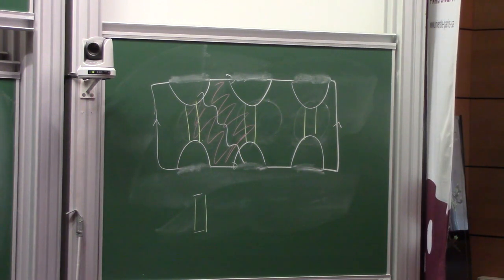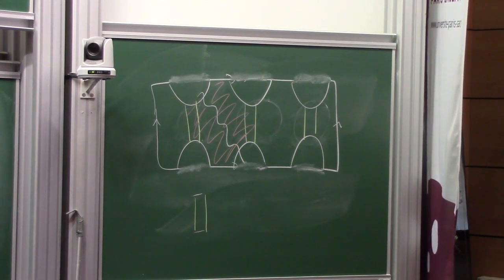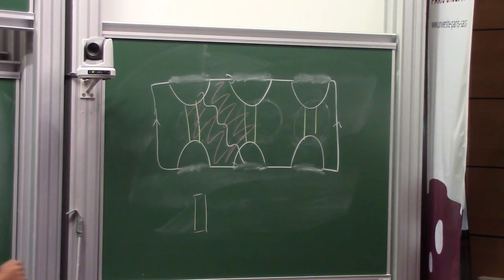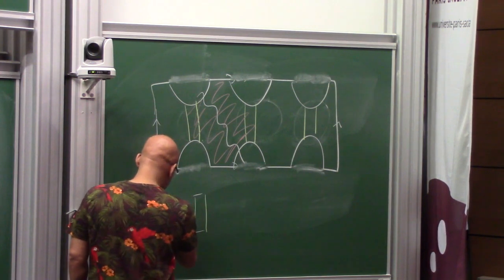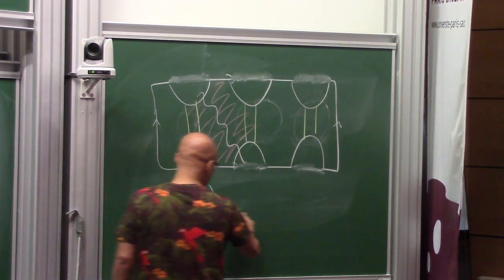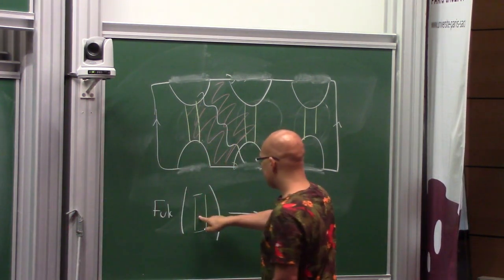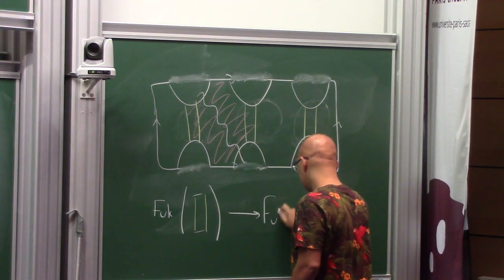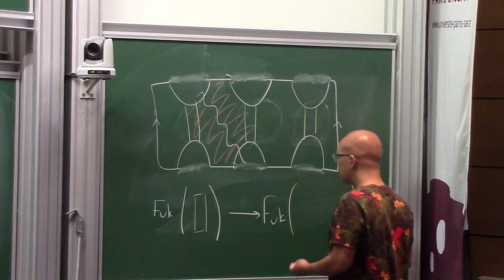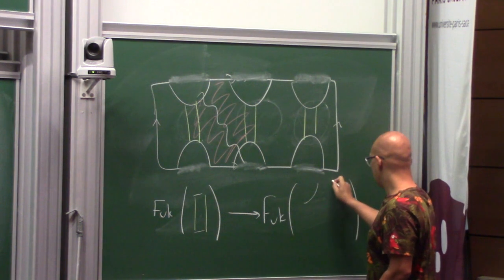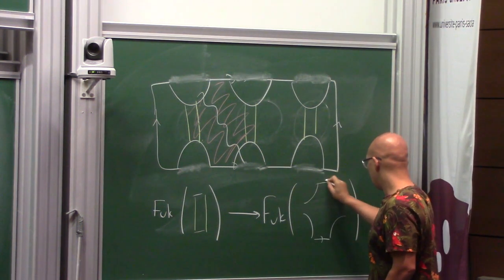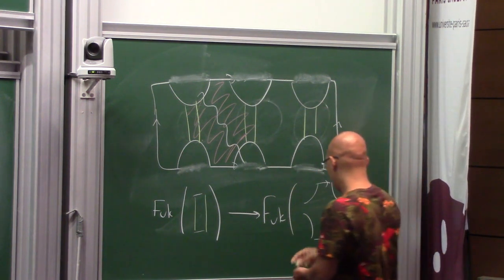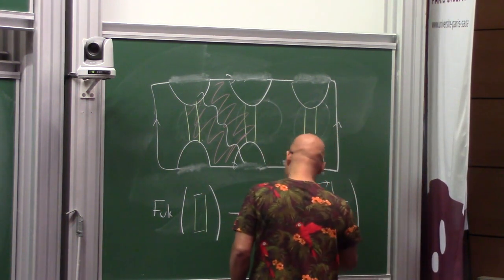Okay, so what you learn from this picture is that if you can make sense of the Fukaya category of this kind of sector, let me just draw a picture.